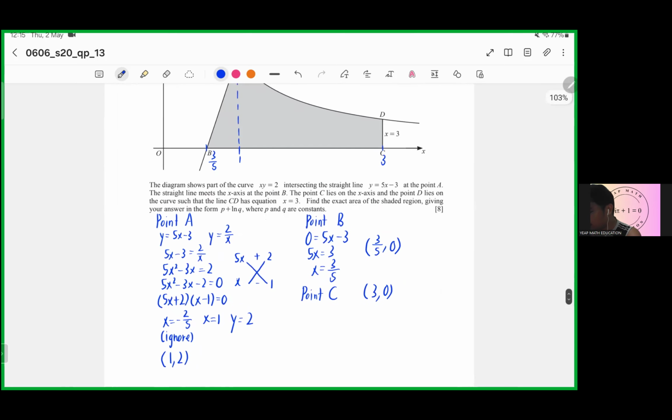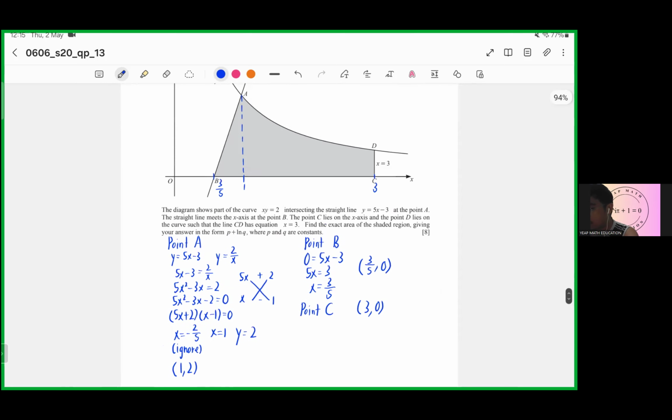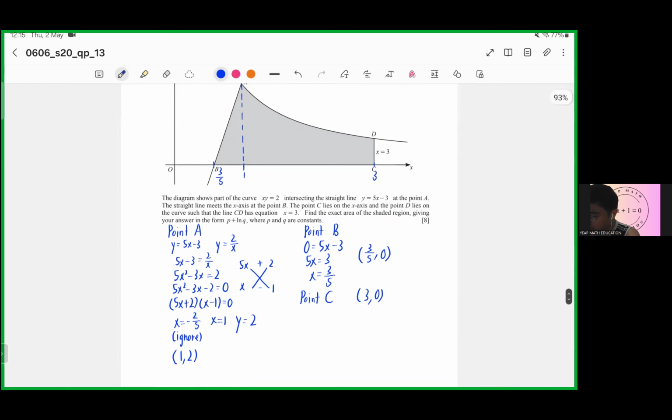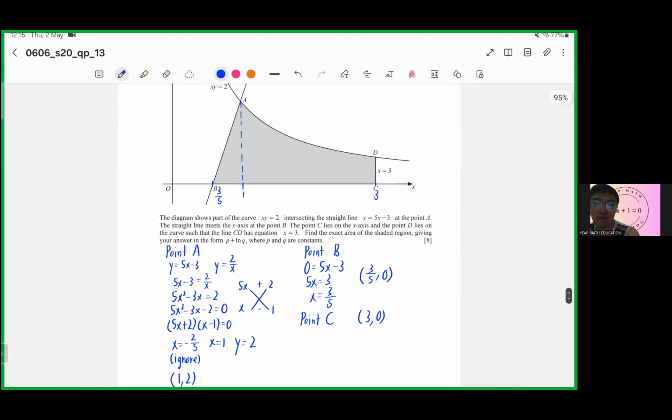Now the question is for you to find the exact area of the shaded region. We can separate it into two parts. First part, we can use the area of the triangle, and the next part we can calculate as the area under the curve.